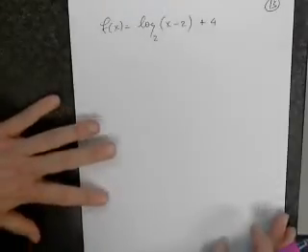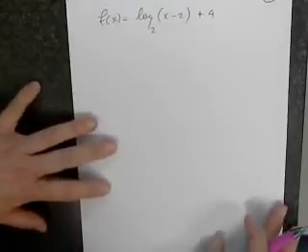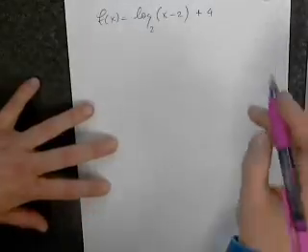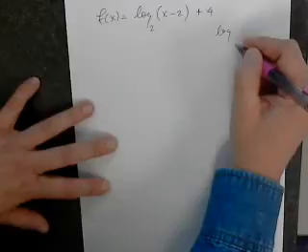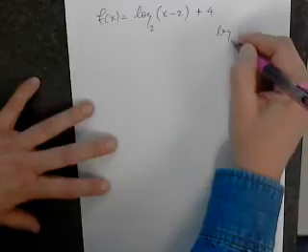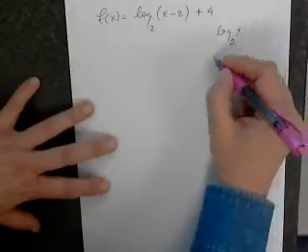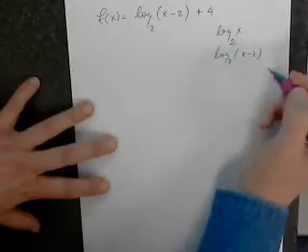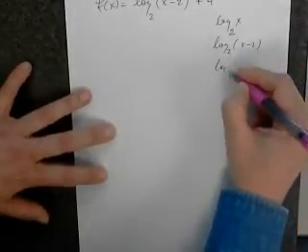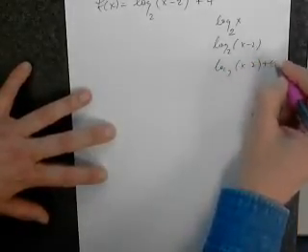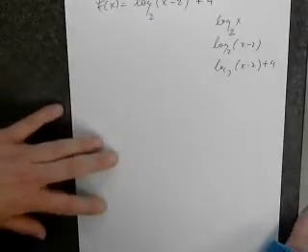On a function like this, even if I'm not asked to use transformations, here's what I would do. I know that the base function here is log base 2 of x. Then log base 2 of x minus 2 moves the graph to the right 2. And then plus 4 will shift the graph up.